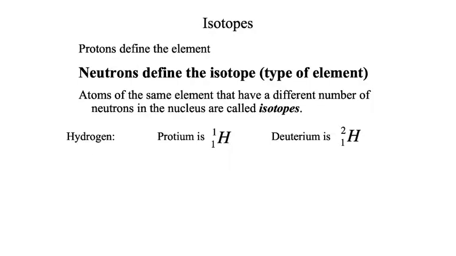Okay? So let's take a look at another example. This is our isotopes. We can define our isotopes. For hydrogen, there are 2 common isotopes. You'll notice we don't call them hydrogen 1 and hydrogen 2. We call them protium and deuterium. Why? And for people wanting to write down those names, don't stress about the names.